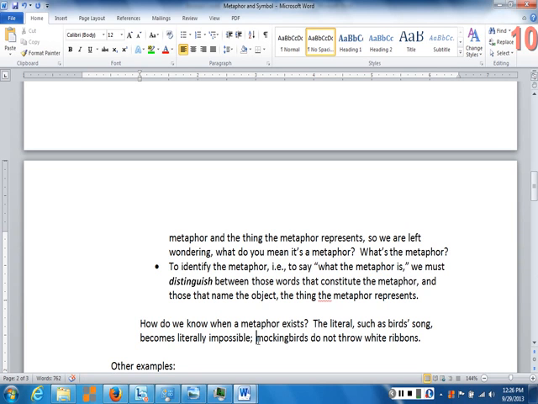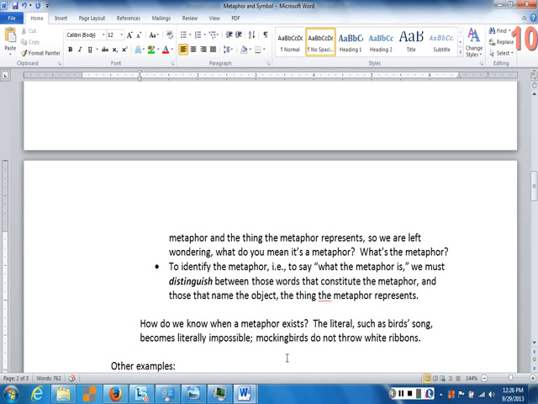The poet literally means that she, the speaker in this case, is literally standing by a green field or in a green field and listening to actual physical material bird song. The bird song itself is not a metaphor.